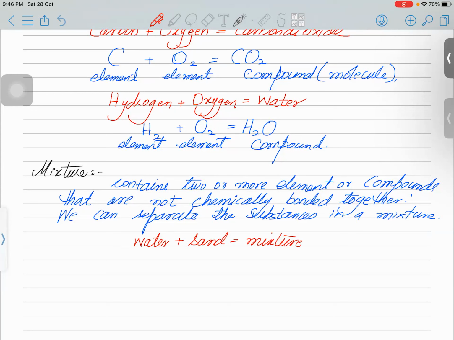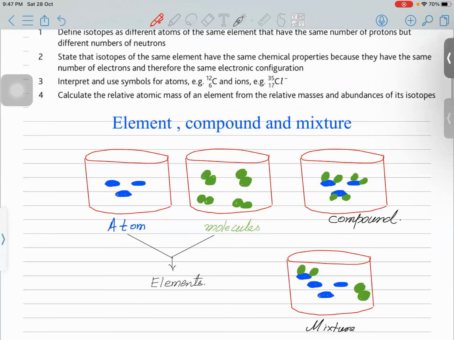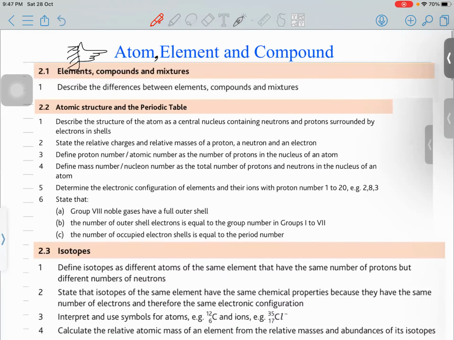For example, milk plus casein is equal to lassi. Lassi is a mixture. So the first part of the syllabus is to describe the differences between element, compound, and mixture.